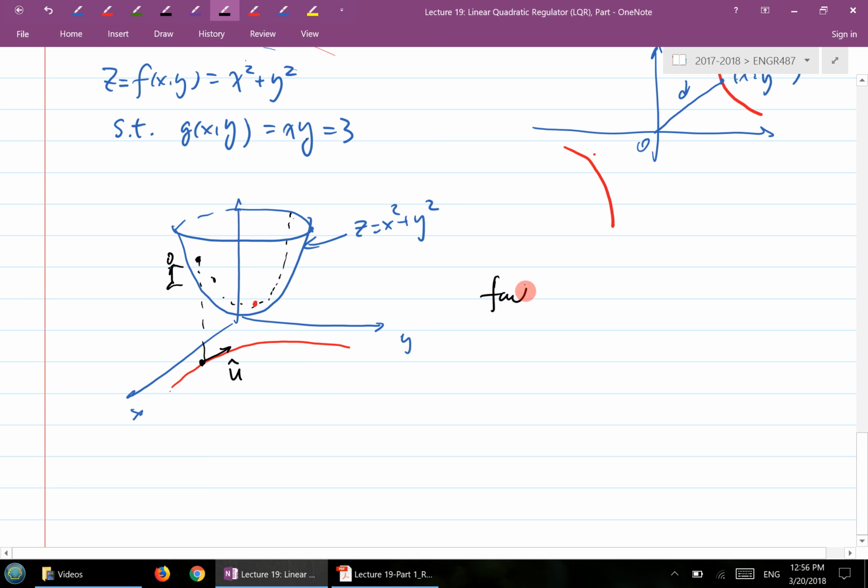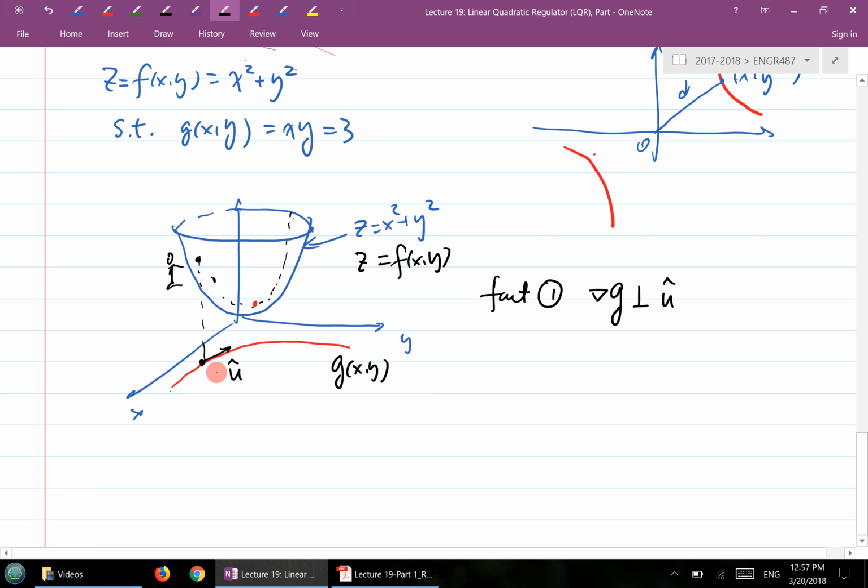Fact number one. Here is your constraint, and here is the function you're trying to minimize. Number one fact is, if you take the gradient of the constraint g of x, y, the gradient is always perpendicular to the tangent direction u hat.